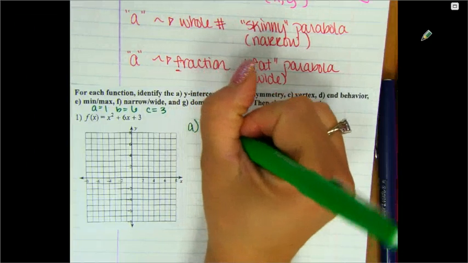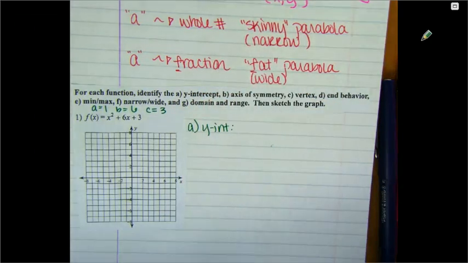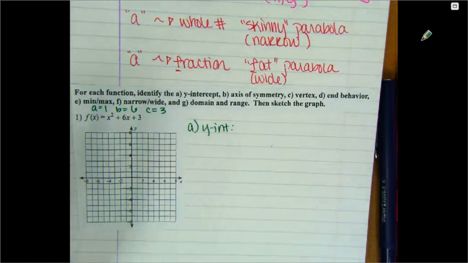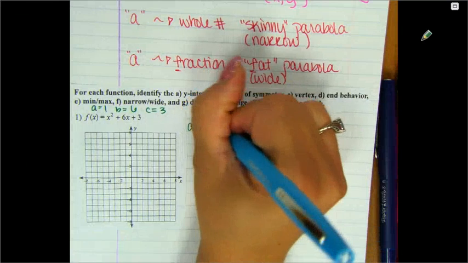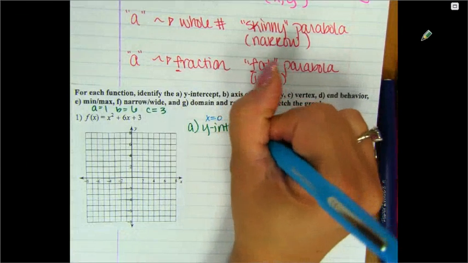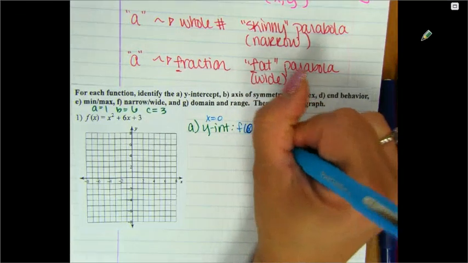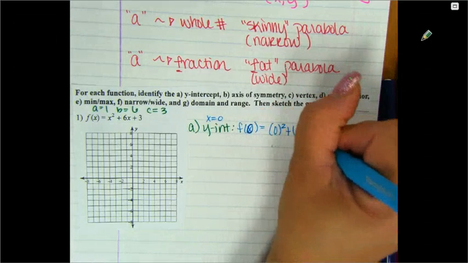Now, if I remember correctly, I already know how to solve for the y-intercept. What does it mean to be a y-intercept? It's on the y-axis. So then what happens? What do I plug in? 0 for what? For x. So x equals 0, which means f of 0 equals 0 squared plus 6 times 0 plus 3.